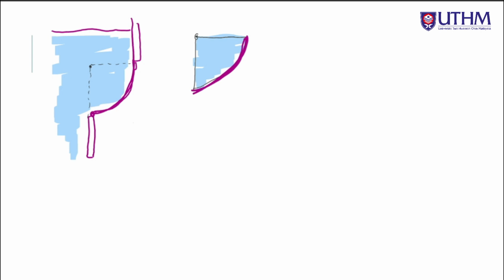Tapi in order for this gate to maintain its static position, dia perlu ada force horizontal dan force vertical kan. Macam tadi saya cakap, apa-apa pun dia mesti kita pecah kepada dua komponen, force vertical and horizontal.